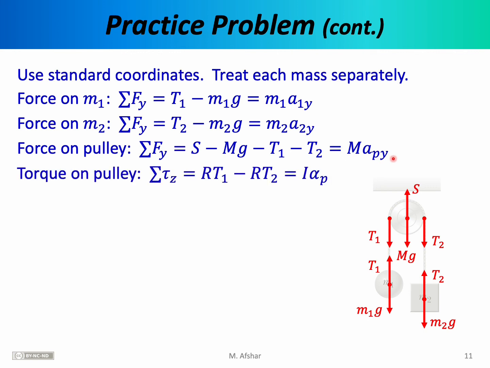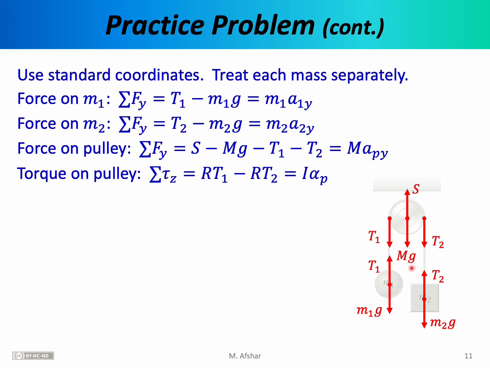It's also useful to talk about torque. After all, as these masses m1 and m2 move up and down, the pulley is going to be rotating, and whenever you have rotational motion, it's a good idea to discuss torque. The net torque in the z direction will be the torque due to tension 1 minus the torque due to tension 2.